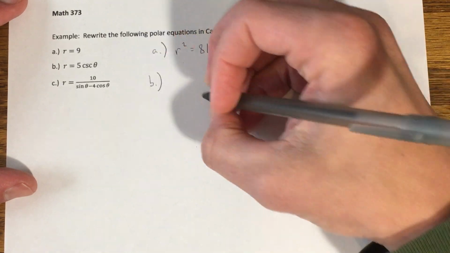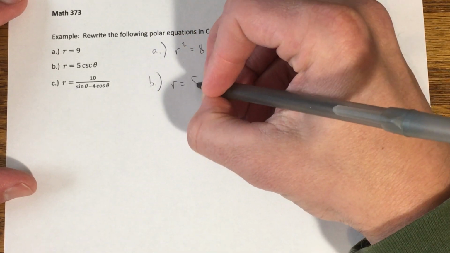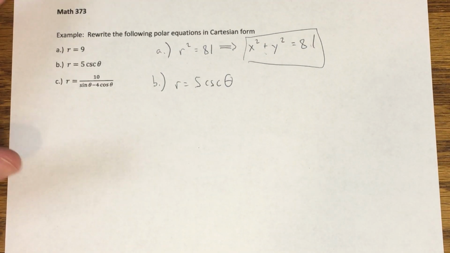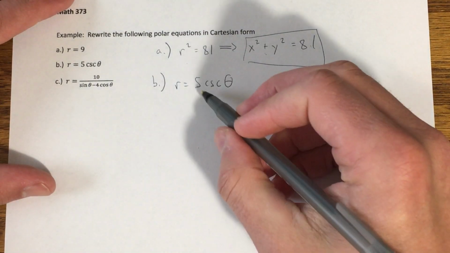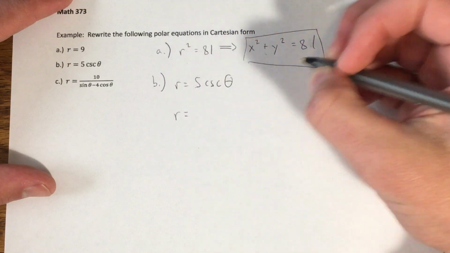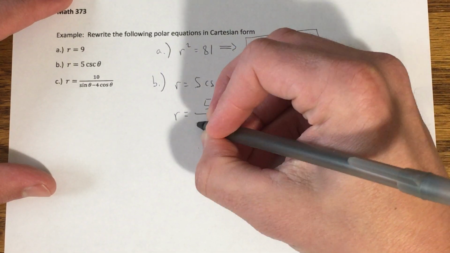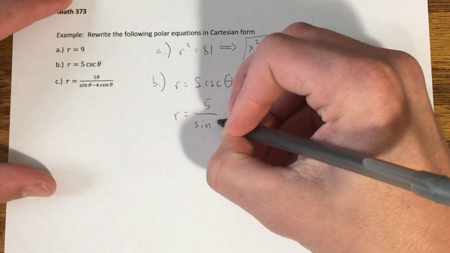Let's take a look at B. R is equal to 5 cosecant of theta. So we don't have any conversion formulas that use cosecant in any way. However, I know cosecant is the reciprocal of sine, so I could write this as r equals 5 over sine of theta.